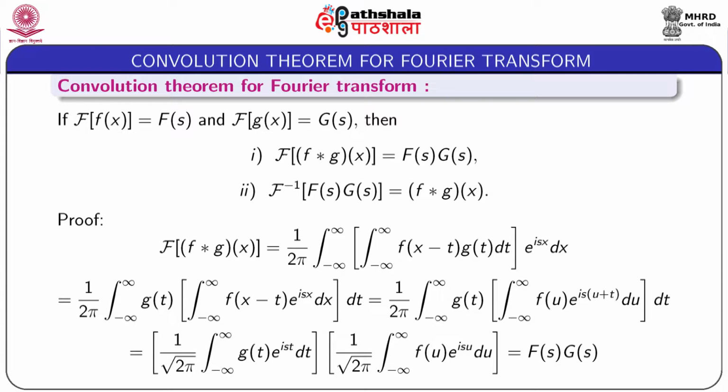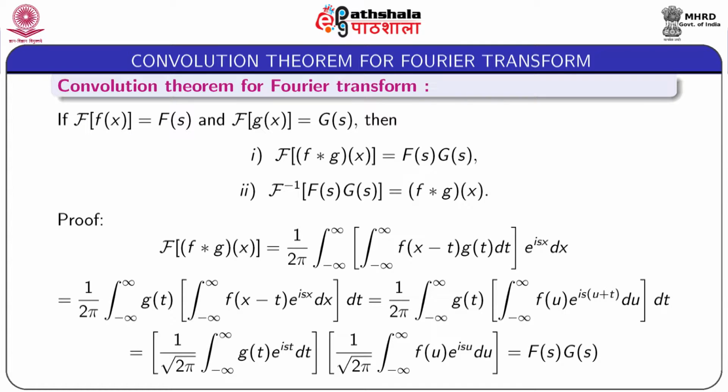For proof, we first find out Fourier transform of convolution of small f and small g, that is Fourier transform of f star g, which is given by 1 by root 2 pi integral minus infinity to plus infinity, again integral minus infinity to plus infinity f(x minus t) g(t) dt into e to the power i s x dx.